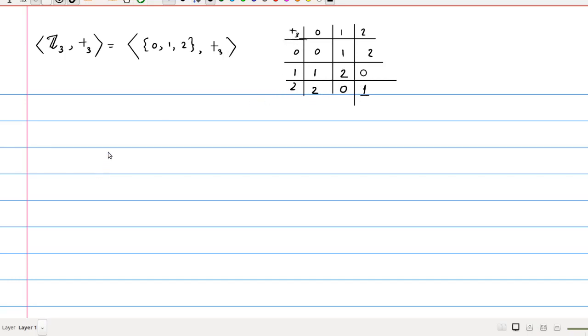The next theorem says that this group has a representation as a group consisting of permutations. That means there should exist a group consisting of some permutations which is isomorphic to this.